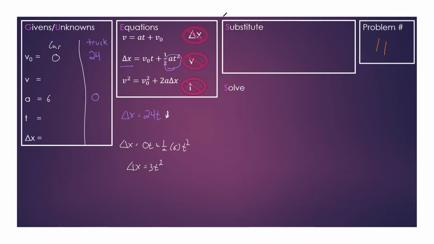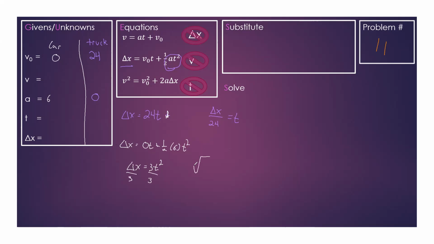So what I'm going to do is solve each of these equations for time. So I'm going to do delta x over 24 equals t. And I'm going to divide the 3 over and take the square root.